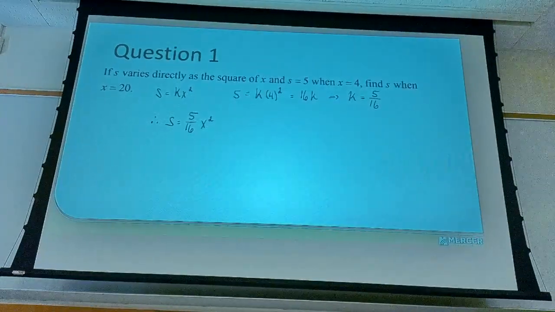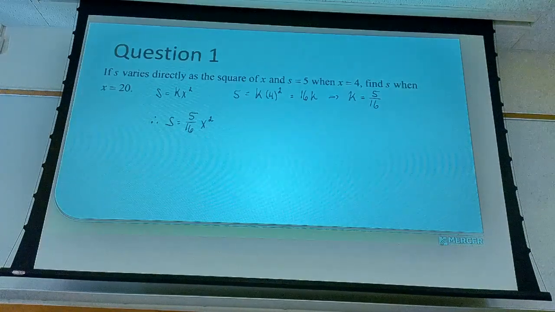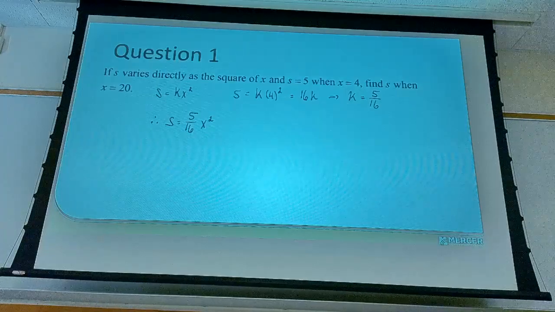That would be the model for this direct variation. S is 5/16 of x squared. Now we can find what s is when x is 20.